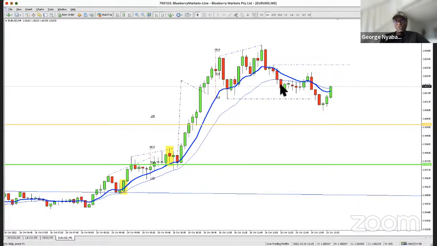But then what you want to see is a lower high. So coming off here, we didn't want to see a trading range. We would have wanted to see a lower high, market coming up and creating a lower high with a double top anywhere within there. And from that, we would have been very happy to take that trade.